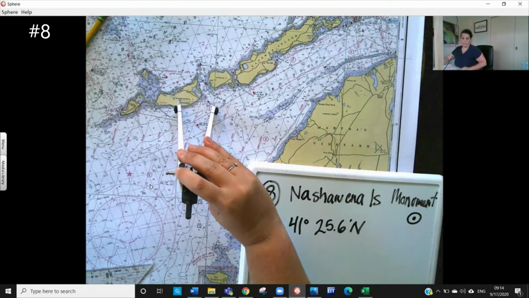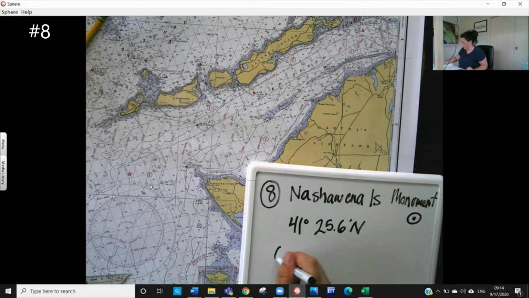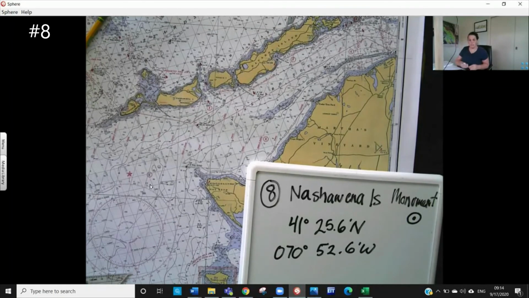Okay, so you see that distance, bring it all the way down. I know you can't see, but we have 50, that's the line I'm measuring against, 51, 52, about 52.6. So that would be 070, 52.6 minutes west as my longitude. That's my position for number 8.